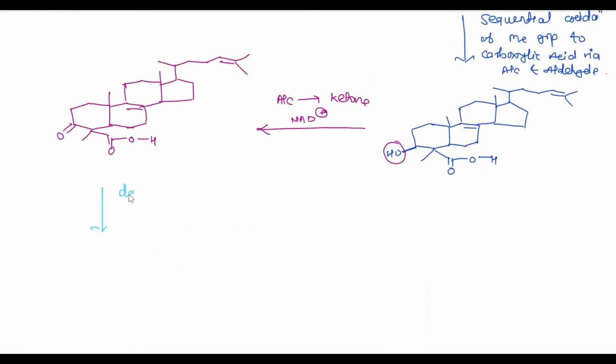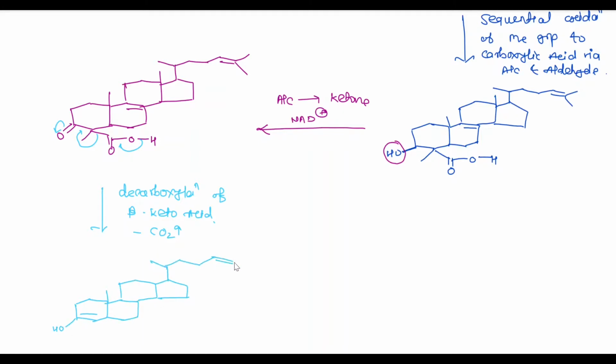In the next step, decarboxylation of the beta keto acid, that is minus CO2 takes place and we get. In the next step, allylic isomerization takes place, that is plus minus H plus and we get.